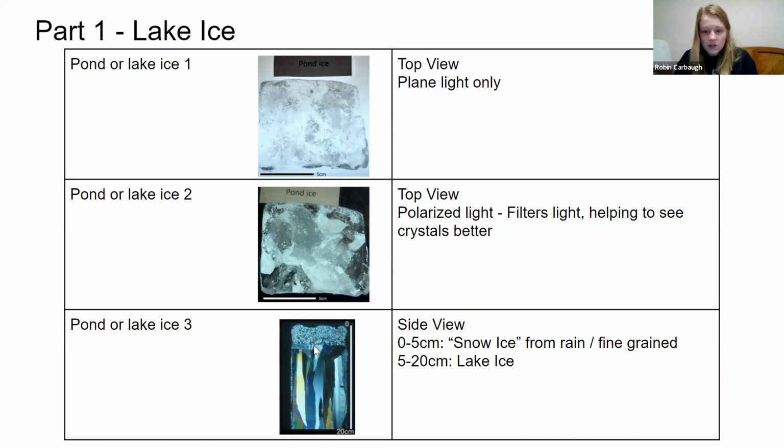And then this last picture is a side view. So the top is called snow ice, which is from rain and whatnot, different precipitation. And then the more smooth stuff from like 5 centimeters down to 20 centimeters is just standard lake ice that froze the normal way.